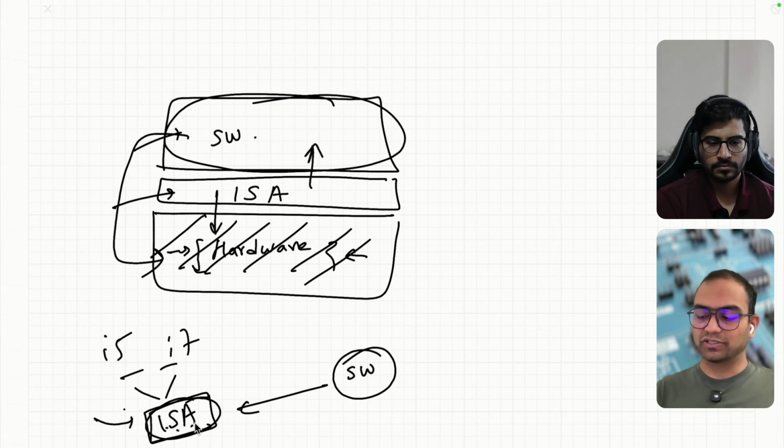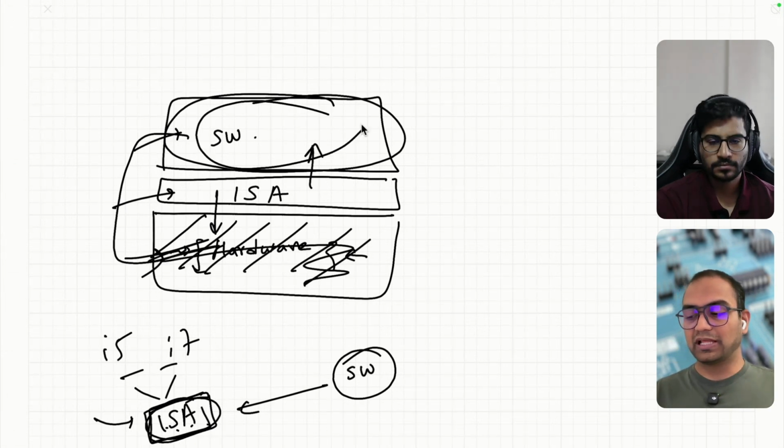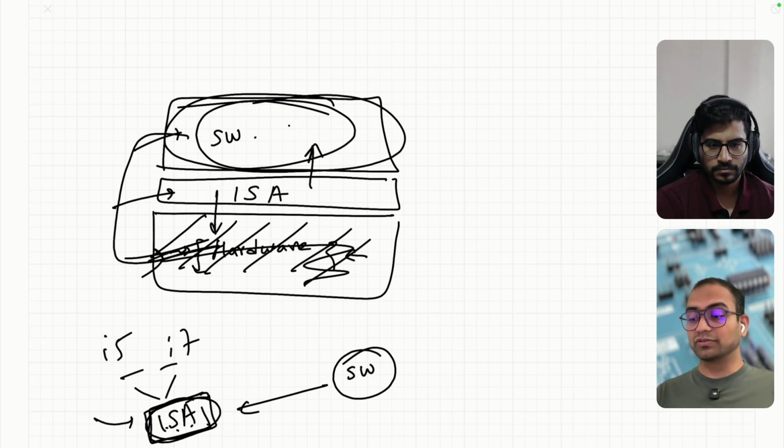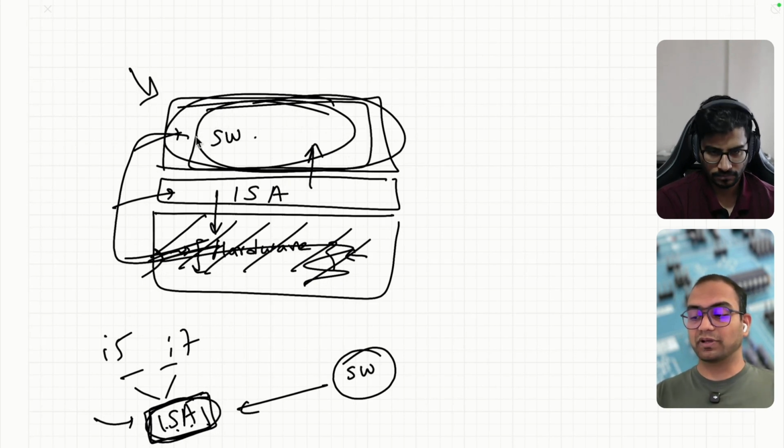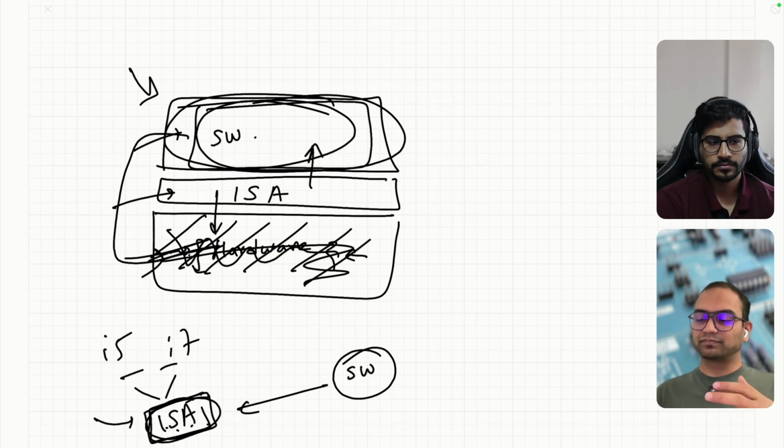ISA, the instruction set architecture, dictates the encoding scheme of an instruction, and as long as that is constant, the underlying hardware can change and the software need not. Also, software writers can write their software independent of the details of the hardware. They need not know what the ALU is or what the control unit is. So life is simple, and progress is faster.